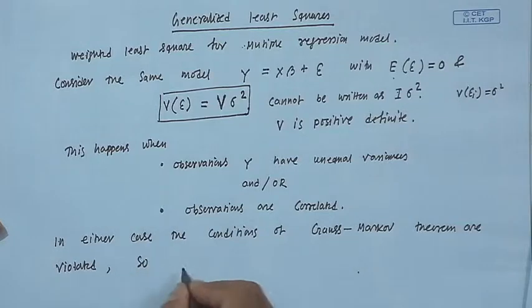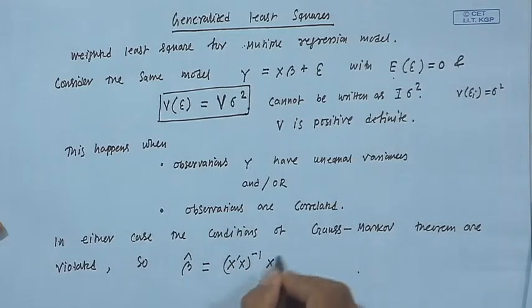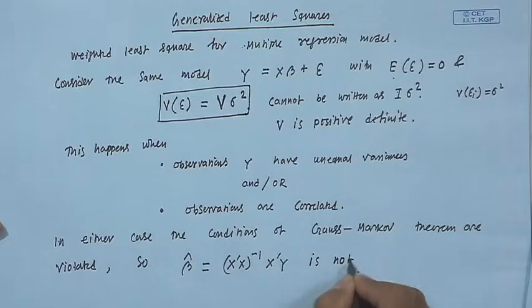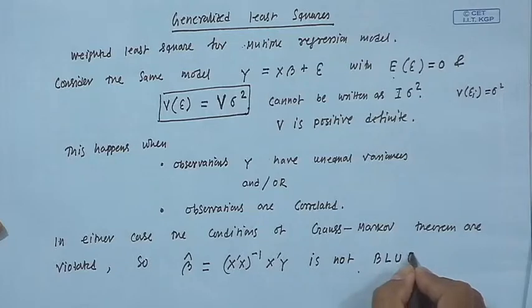So, beta hat, which is equal to X prime X inverse X prime y, which is the estimator of beta using the ordinary least square estimator, is not the best linear unbiased estimator. Okay.